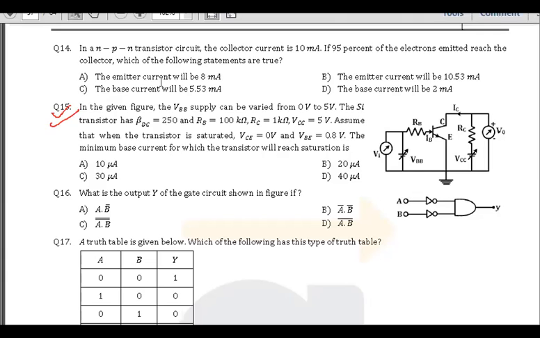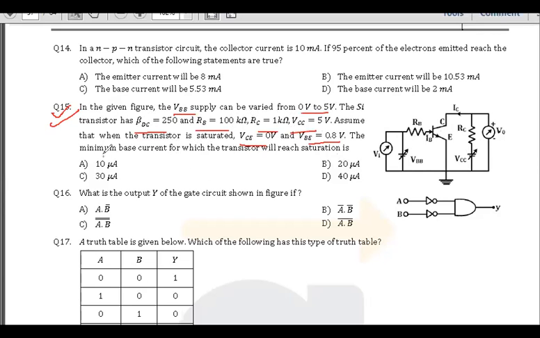Common emitter. So what is given? Think about it. Beta DC given. RB given, RC given, VCC given, which is your supply voltage, right? VBB can be varied. So V input can be varied. Assume that when the transistor is saturated, VC is 0 and VB is 0.8. Now this 0.8 is given.